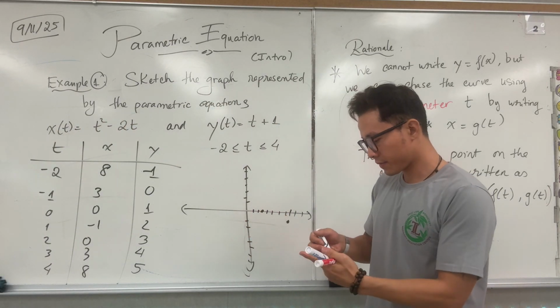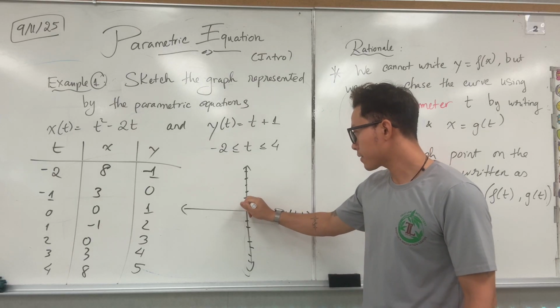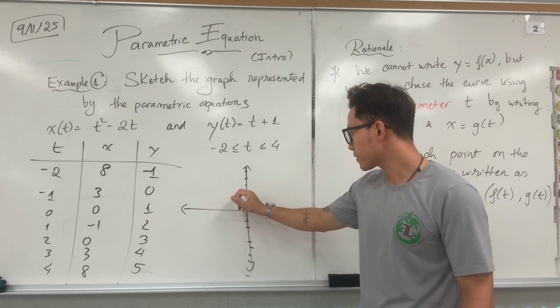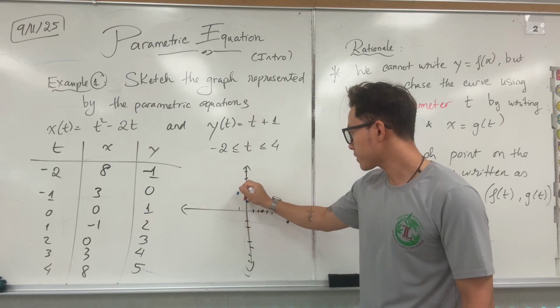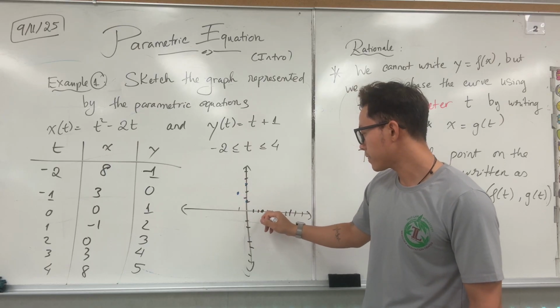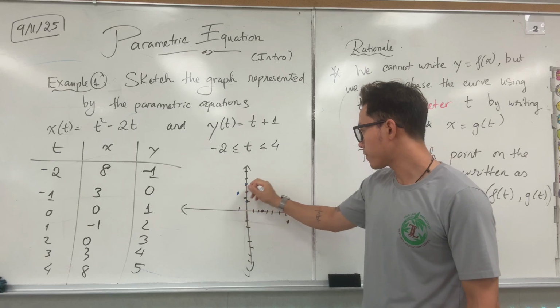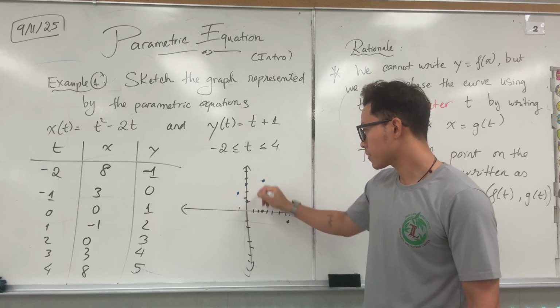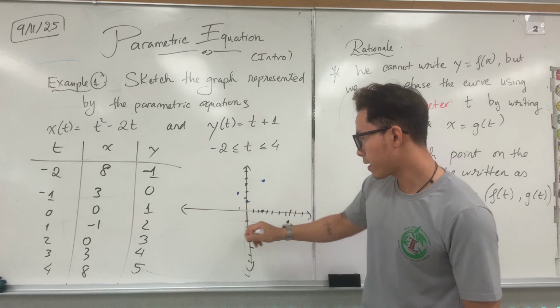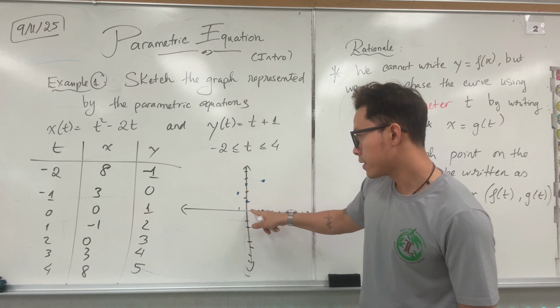3, 0 here, 0, 1 here, -1, 2 here, 0 and 3 here. All over the place, right? 3, 4, 1, 2, 3, 4. And then 1, 2, 3, 4.